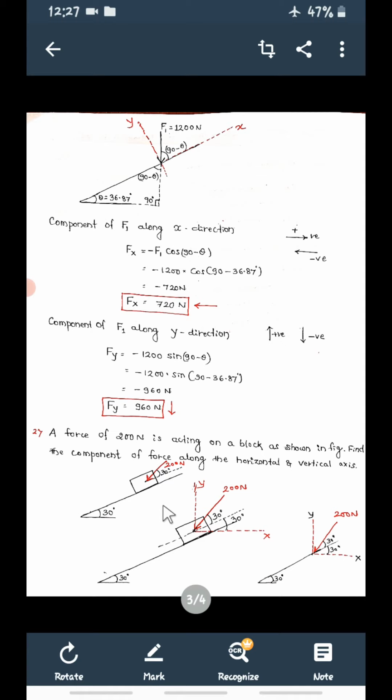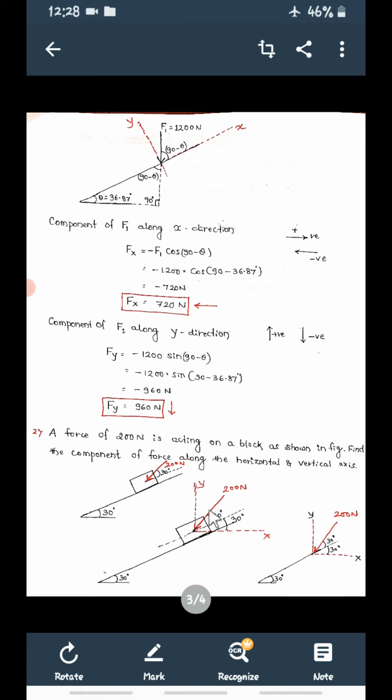But what do we want? We want the component along horizontal, that is the x-axis, and along the y-axis. In the previous case, x-axis and y-axis were given, but here horizontal is the x-axis and vertical is the y-axis.